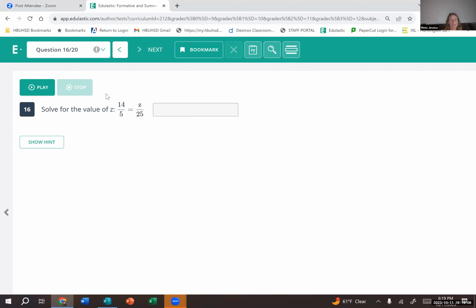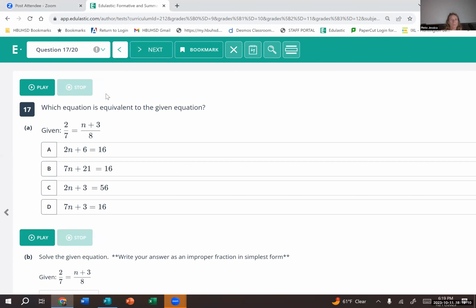Let's take a look at 17. Okay, which equation is equivalent to the given equation? So let's do the first step. So this time it's 7 and 8. I can't multiply 7 by like 5 to get 8. So I'm going to do this fun math, and that's going to be 16 is equal to 7 times n plus 3.